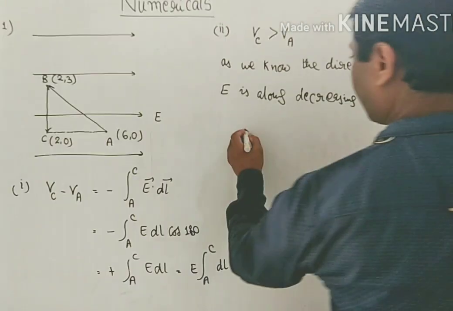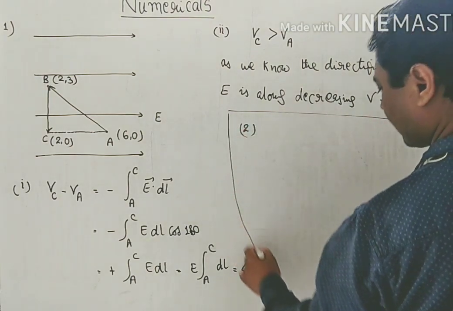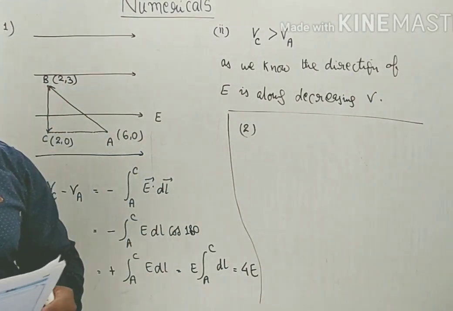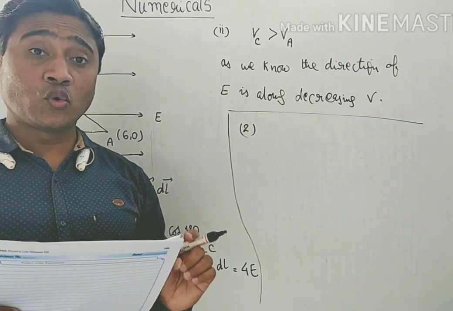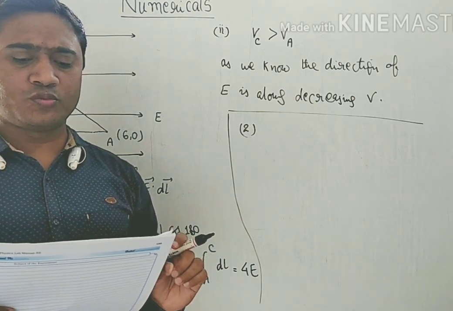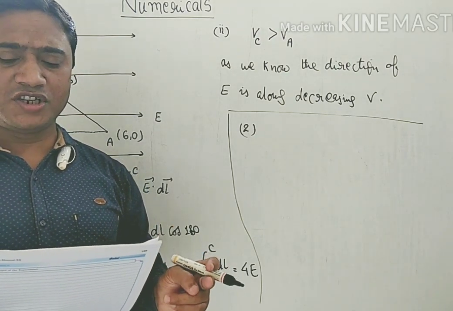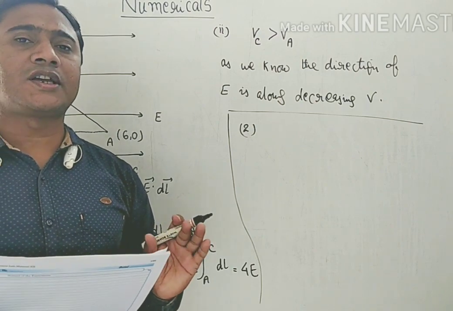Okay, so let's have the second question. Find the electric potential at the surface of a gold nucleus, given the radius of the nucleus to be 6.6 times 10 to the power minus 15 meter and the atomic number of gold is 79.